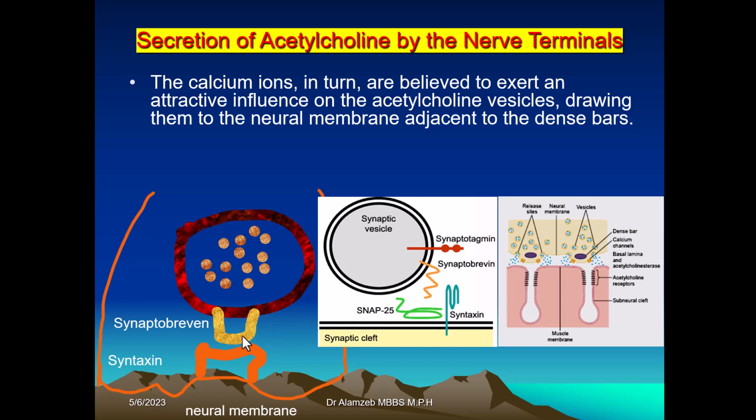When these two receptors join each other, the vesicle and the membrane share their information, and by this fusion the vesicle is ruptured and releases its neurotransmitter into the neuromuscular junction cleft.